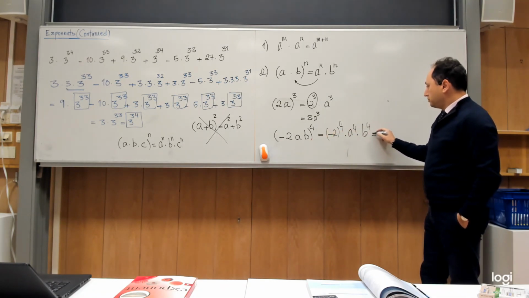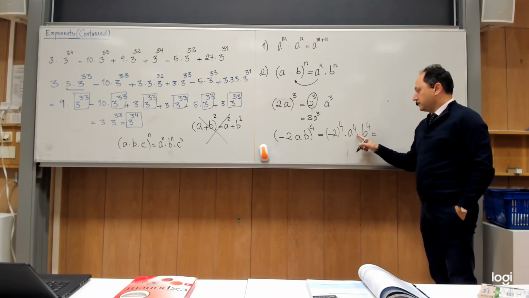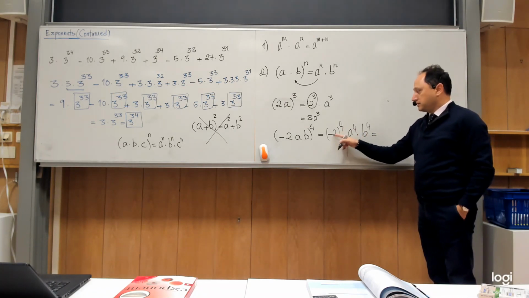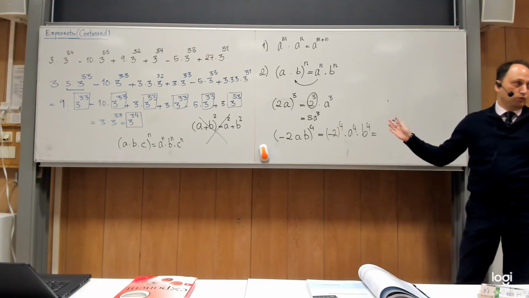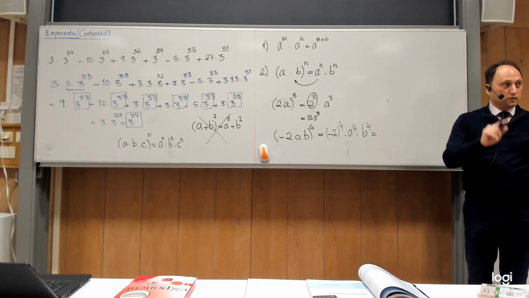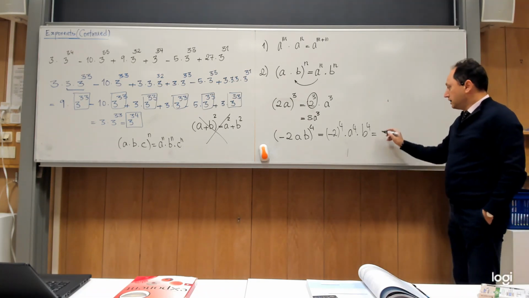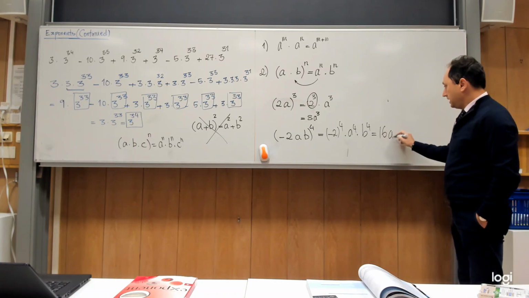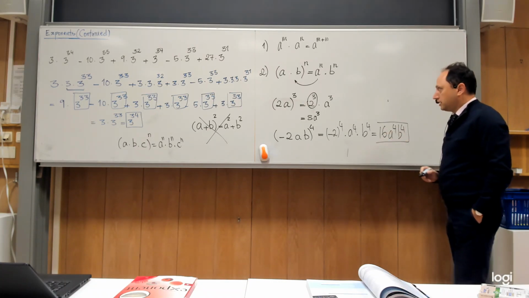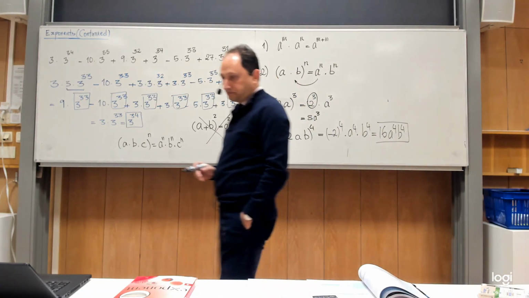But as I told you before, usually we do not emphasize the multiplication. We can just drop them, and there is a much better name for minus 2 to the power of 4, which in this case is 16. So minus 2 times minus 2 times minus 2 times minus 2. So the answer is 16a to the 4 b to the 4. Yes, so that would be the final answer to this problem.